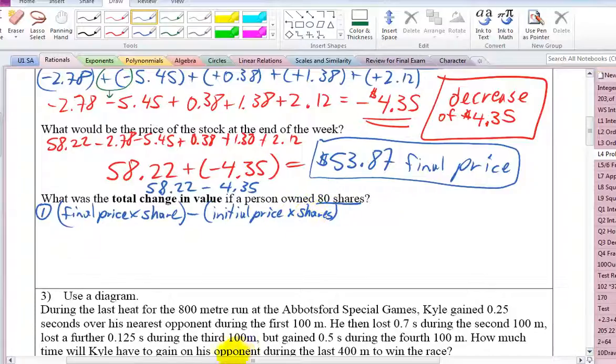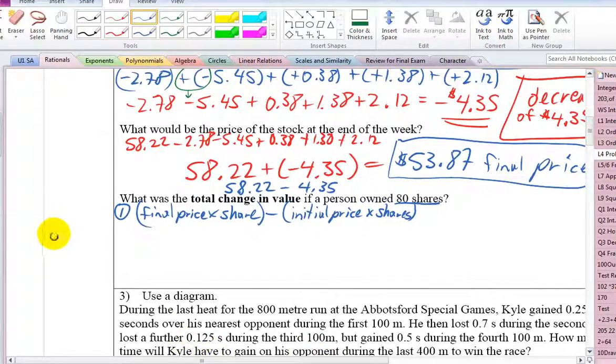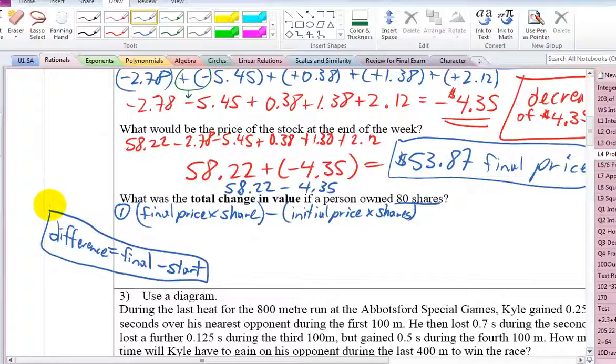Anytime you're finding the difference, we should write that down. When you're finding the difference, you want to take your final and subtract your start. Okay? Because that will then reflect your change. Otherwise, you could get a negative number incorrectly. So you should put that in a little bit of a box, okay? Your final minus the start.